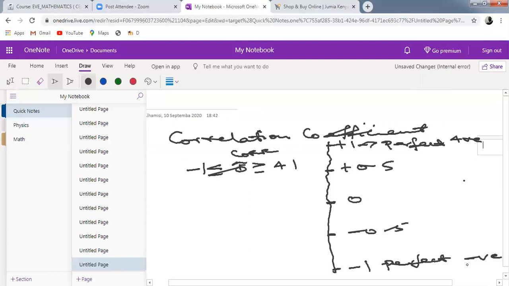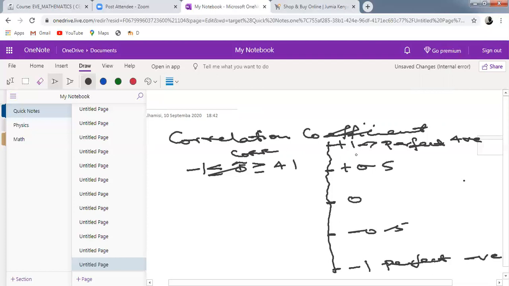For example, if the price was 10 shillings and the quantity being demanded was maybe 500 kgs, I increase this price to 20, then the quantity demanded goes to 250, which is a half of 500. I increase this one to 30, this one goes down by another half of it. You find that I will be registering a perfect negative correlation.